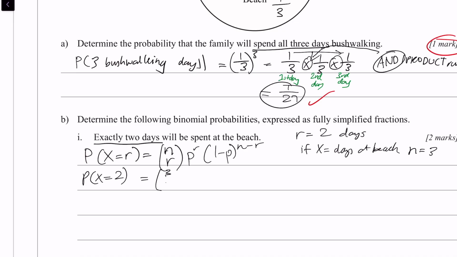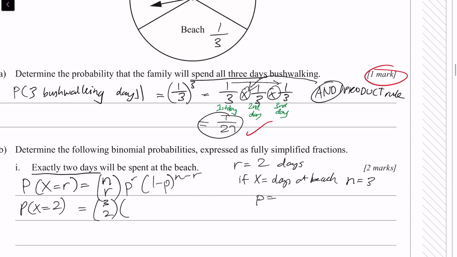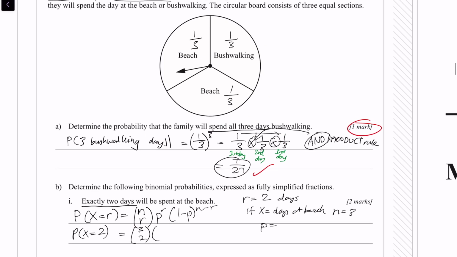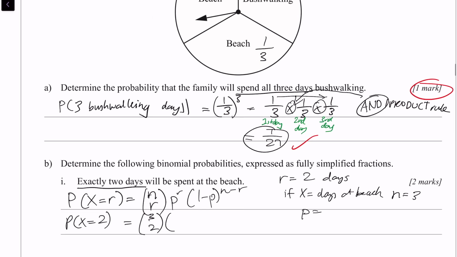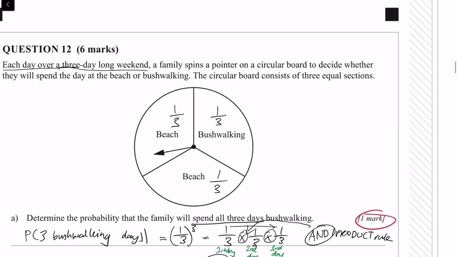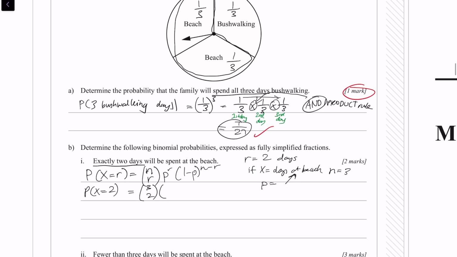3 combinatoric 2, and then my probability that I will be spending a day at the beach, so making sure that it's just the probability of a day at the beach, so just of X. If I look at the chart, it's actually 2/3, because I have 2/3 of my pie chart, or 1/3 plus 1/3, being filled up.